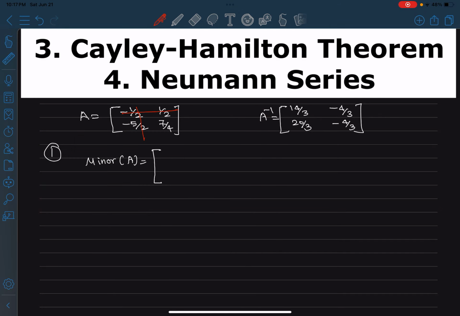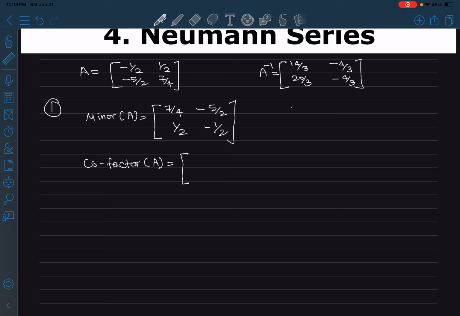Now after that, we find the cofactor matrix of A. To find the cofactor, we go on placing negative signs in a checkerboard pattern. The first one won't have a negative sign, the second one will, the third one will, and the last one won't. So it will be 7/4, 5/2, -1/2, -1/2.